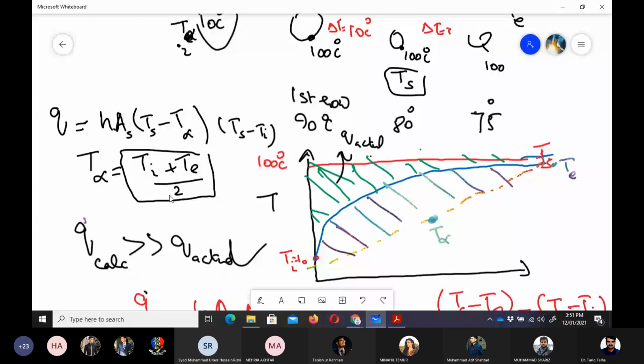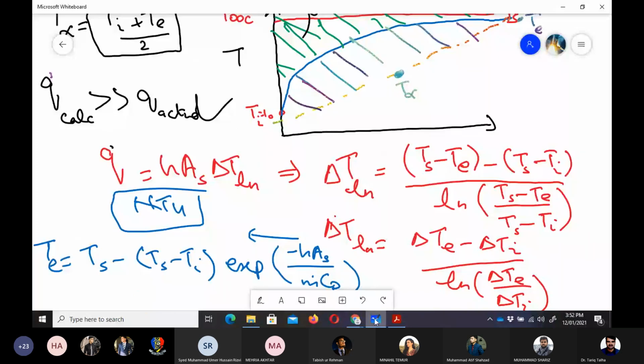So Q calculated would be very high as compared to the actual heat transfer happening, and our design calculation would be incorrect. So in order for our calculations to be realistic, we need to use ΔT logarithmic.